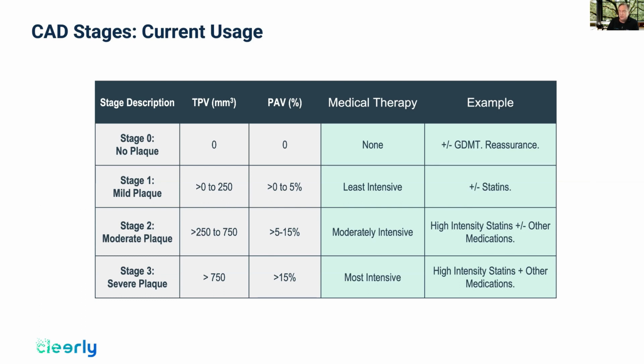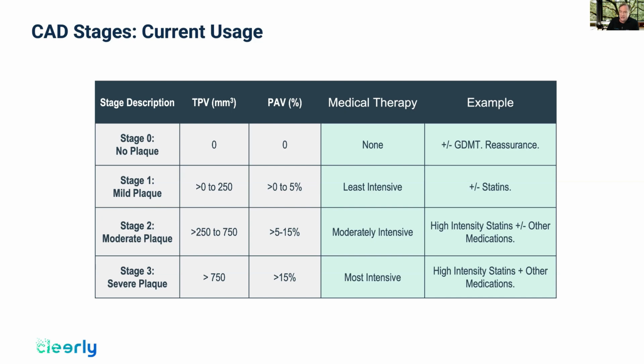So based on the amount of plaque that's there, it may be more prudent to dispense medication based on the plaque. If there's no plaque, then you can either stick with guideline-directed medical therapy based on their other clinical parameters, or potentially de-intensify and reassure the patient. Again, that would be an individual decision for the provider and the patient to make together.